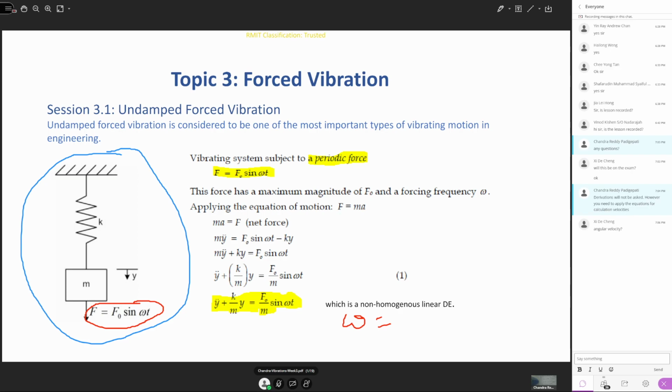Okay, so omega n is the natural frequency of the system.